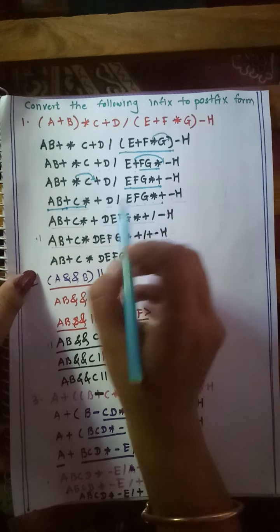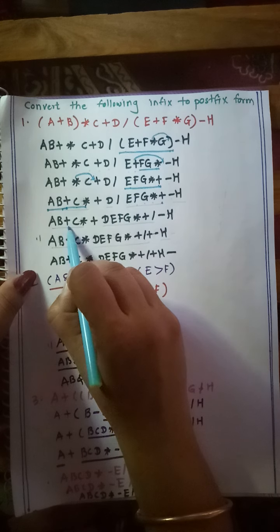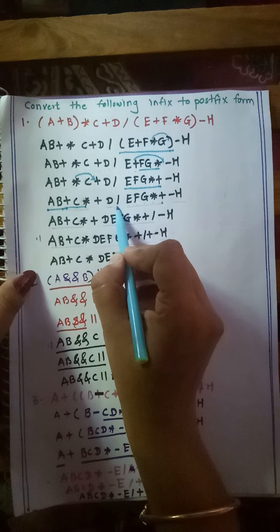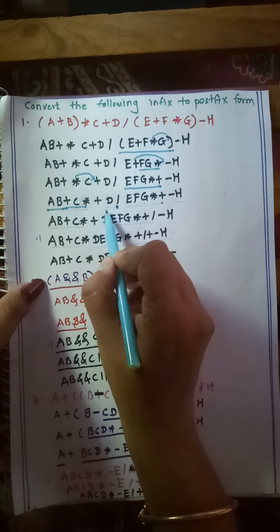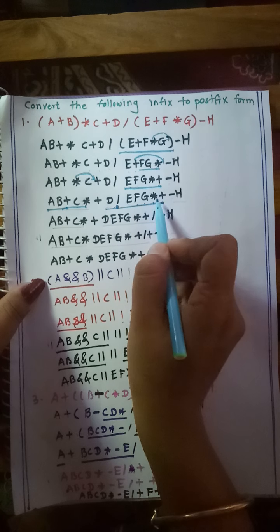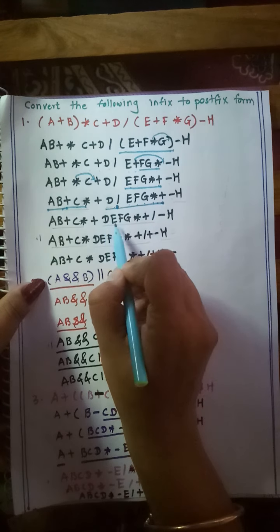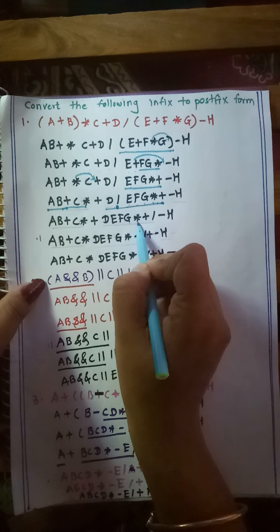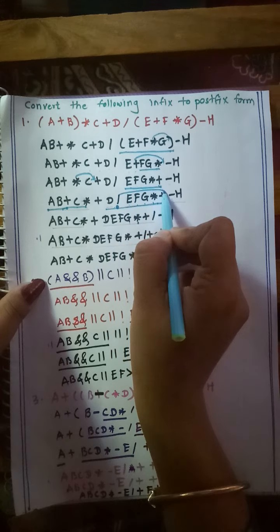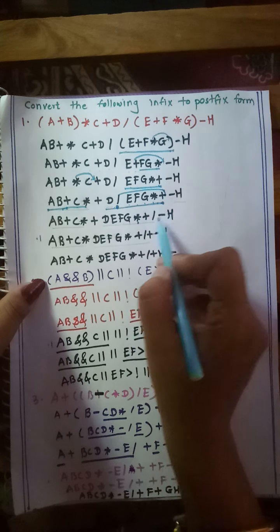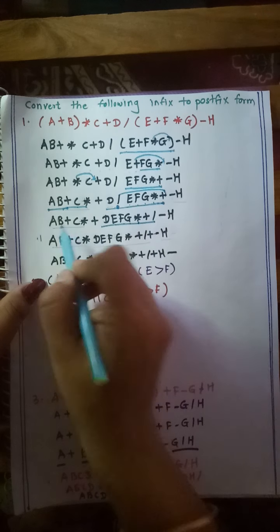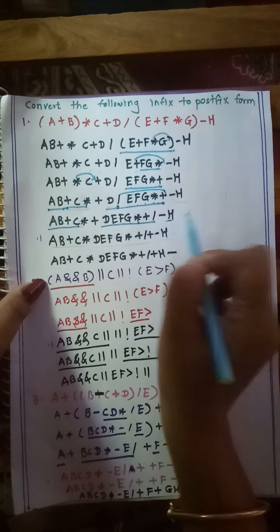In the next step, a b plus c star plus, here slash will be converted: d slash e f g star plus. Now d e f g star plus slash will go here after the plus sign. Now this is one term, this is another term, and this is the remaining term.